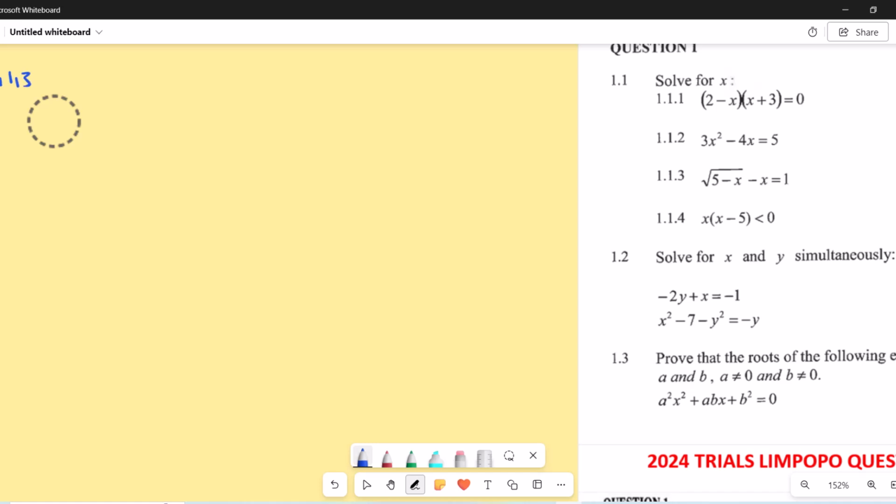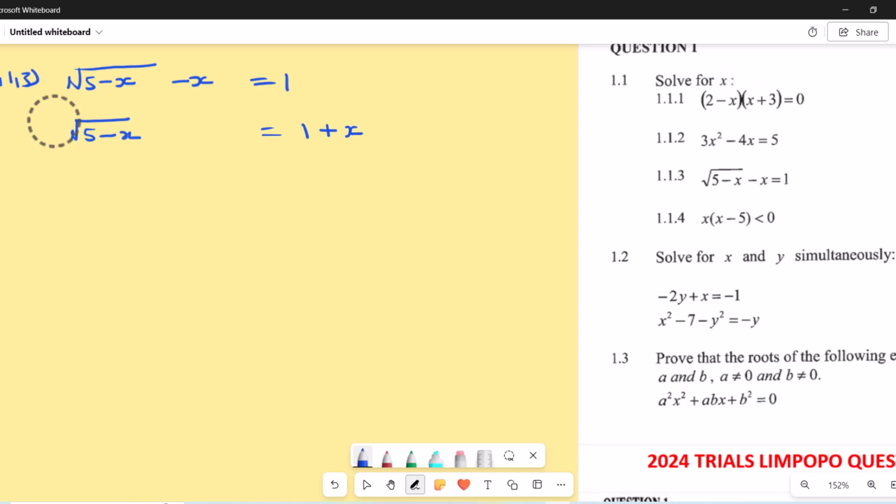We are solving the square root of 5 minus x, and then minus x, equals 1. Before we move the square root, this negative x must come to this side to become positive, so that we have the square root of 5 minus x equals 1 plus x.